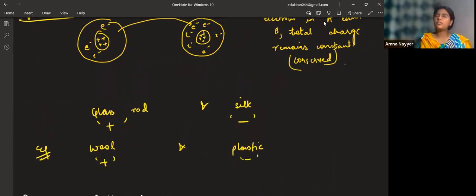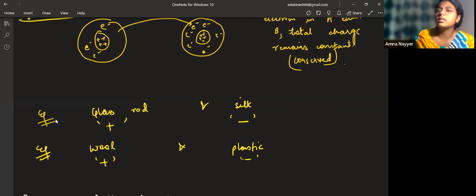This is not a very important class, but since it is mentioned in your NCERT, I have mentioned these two examples separately. I think it would be beneficial if you remember these. Glass rod and silk. If you take a glass rod and rub it with a silk cloth, which will acquire positive and which negative?